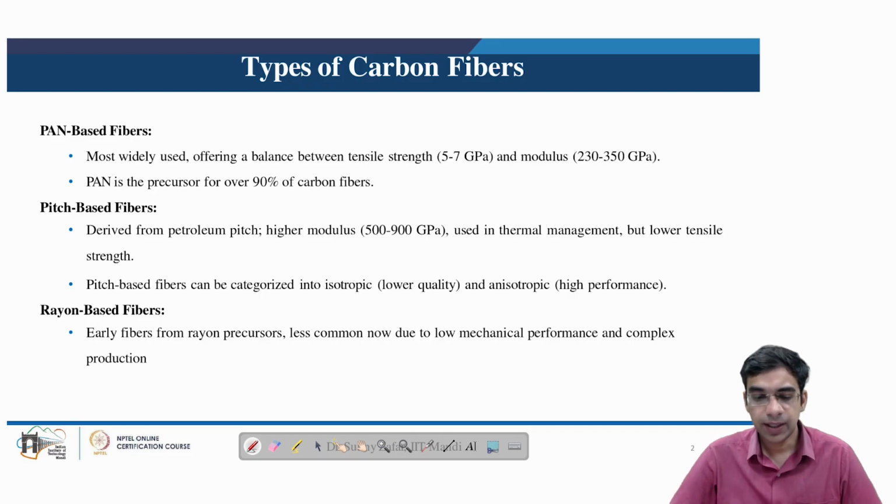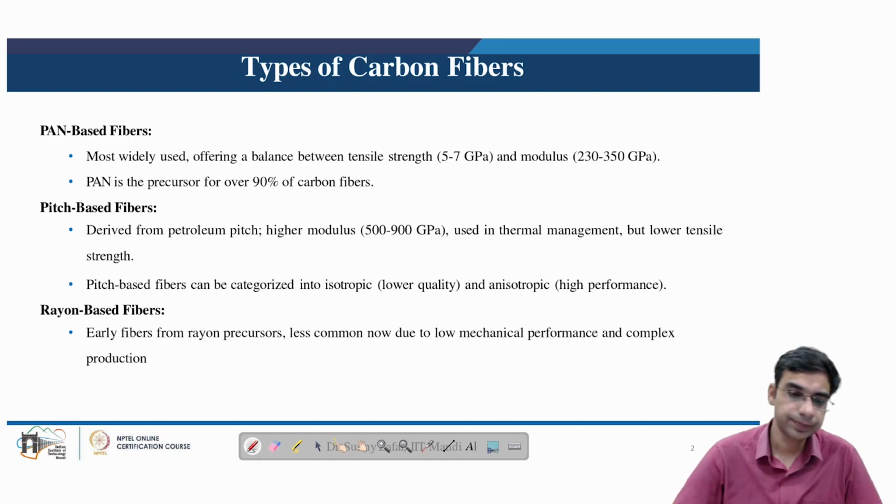Pitch-based fibers can be categorized into isotropic, that is of relatively lower quality, and anisotropic, which is of high performance. Then we have rayon-based fibers. So early fibers from rayon precursors were developed. Nowadays, these are less common due to low mechanical performance and complex production process.